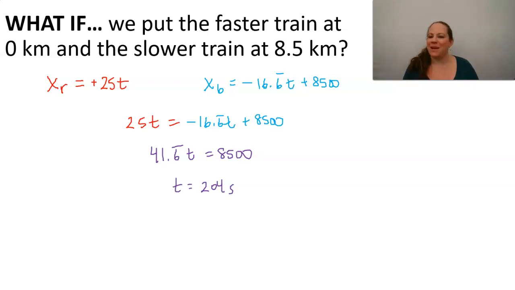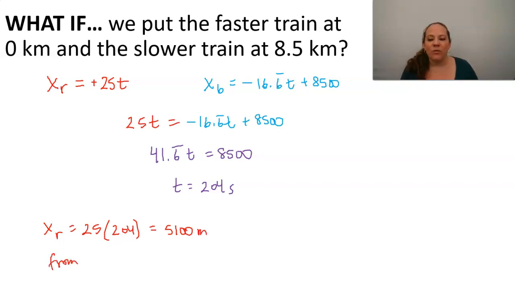Good news, we got the same time. We must not have done anything wrong here. And then we're going to substitute that into the red train's position time relationship. And I'm going to get 5,100 meters. And again, we got a different answer because that is from the red train starting position.